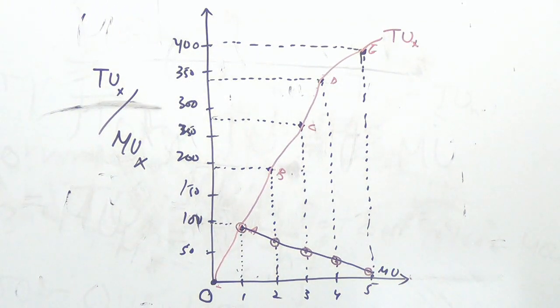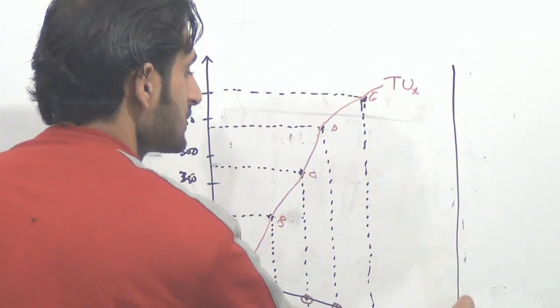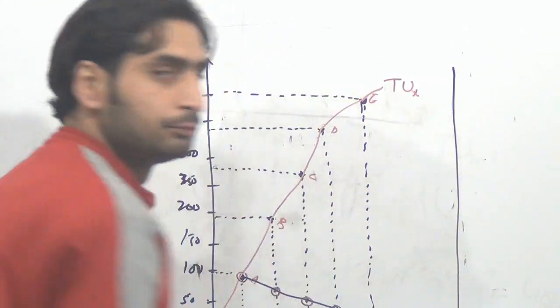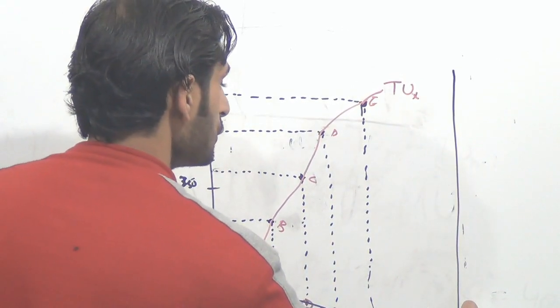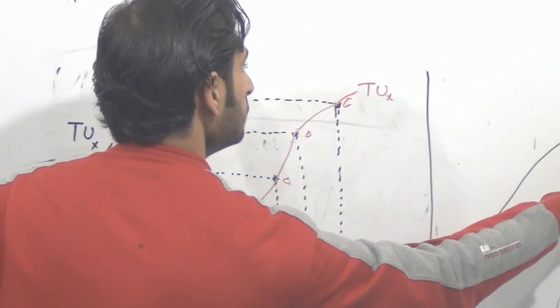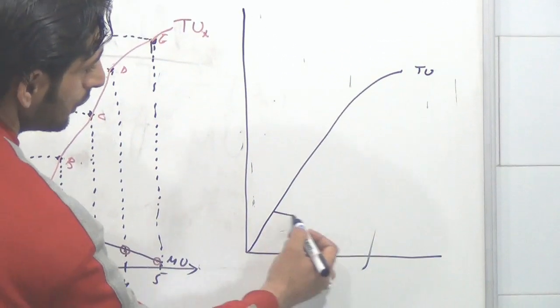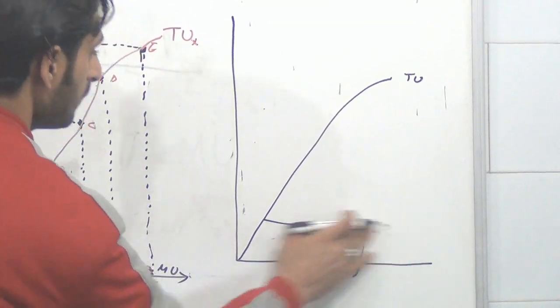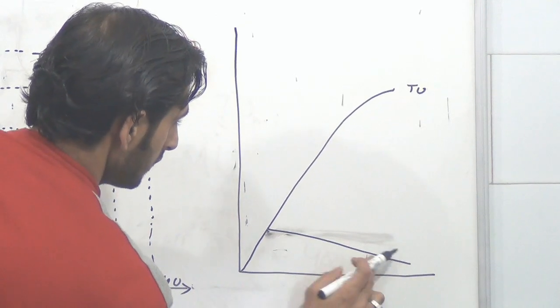If you are getting confused while looking at these dots and curves, I'll simply transfer this X without any name. I'll simply transfer this total utility curve. I'll simply transfer this marginal utility curve. The marginal utility curve is somewhat like this.